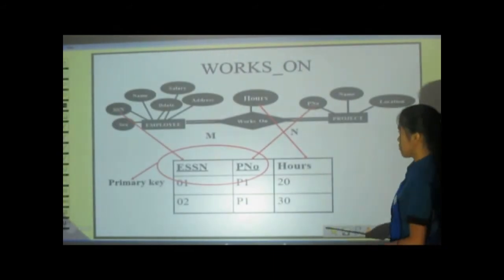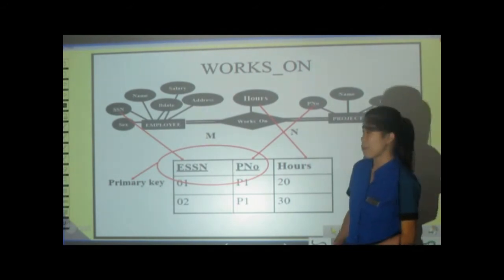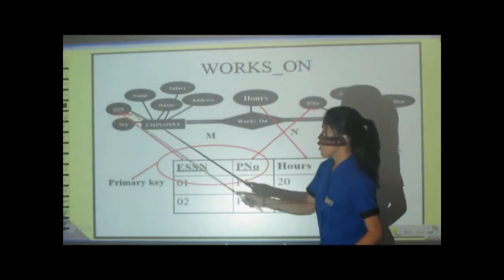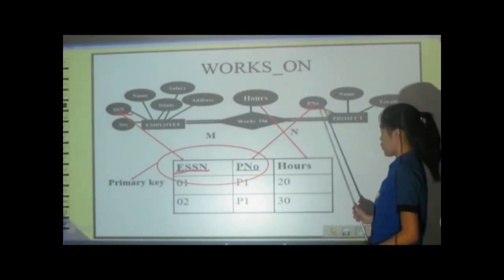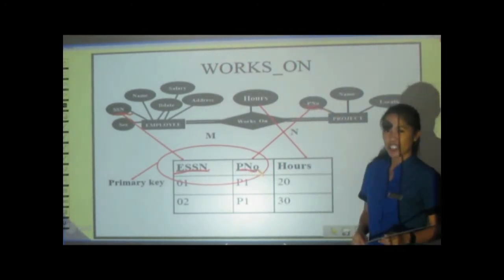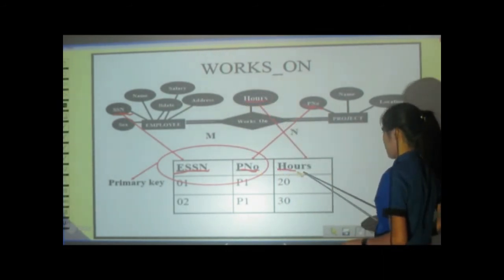On the table, we include only the primary key of employee as ESSN, the primary key of project as PNo, and the simple attribute of the relation which is the hours.